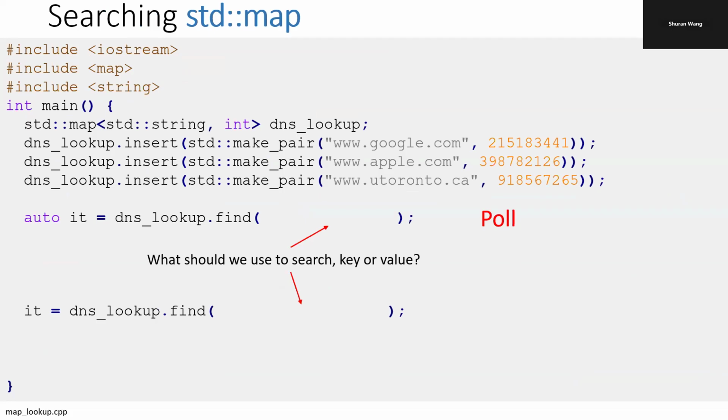Now, can anyone tell me what should we use to search? So if we want to find something in this DNS lookup, what makes the most sense to be put into this bracket? The key or the value? How many of you would think this is the key? How many of you would think it's the value?